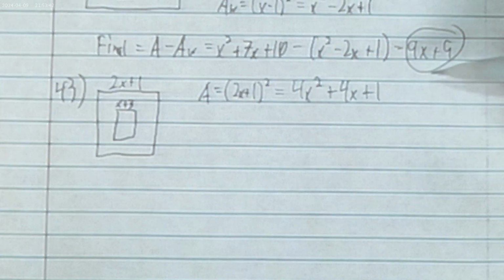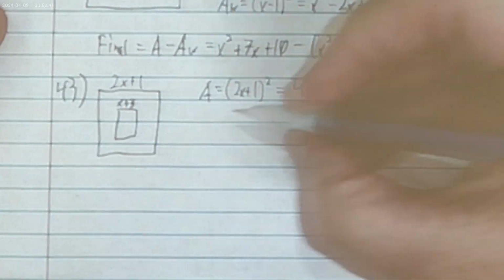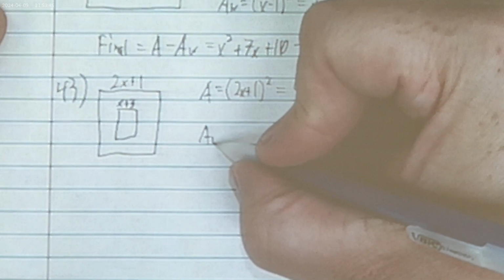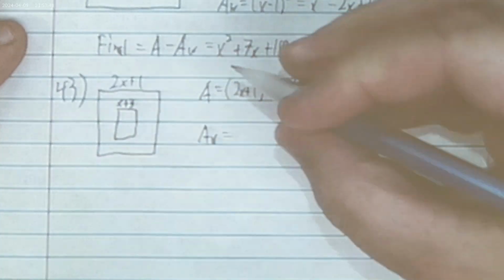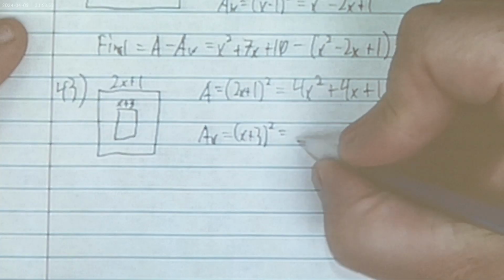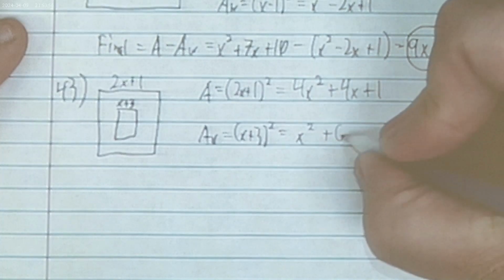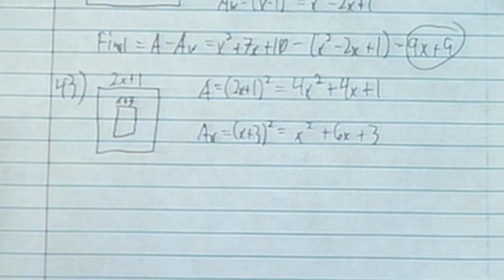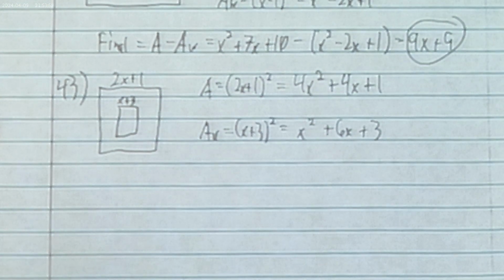So that's our outside area. The area on the inside is x plus 3 squared, which is x squared plus 6x plus 9.